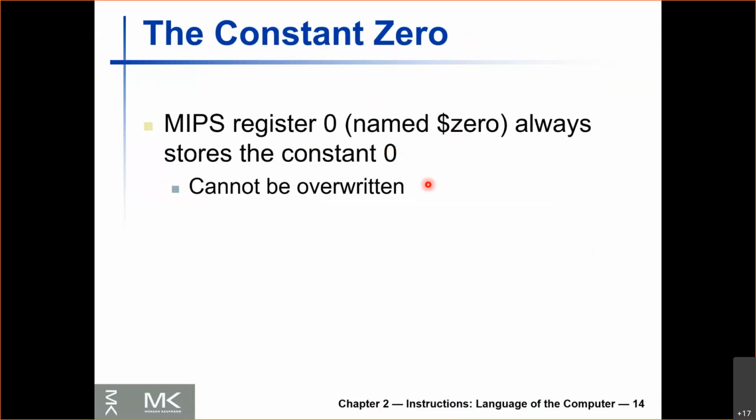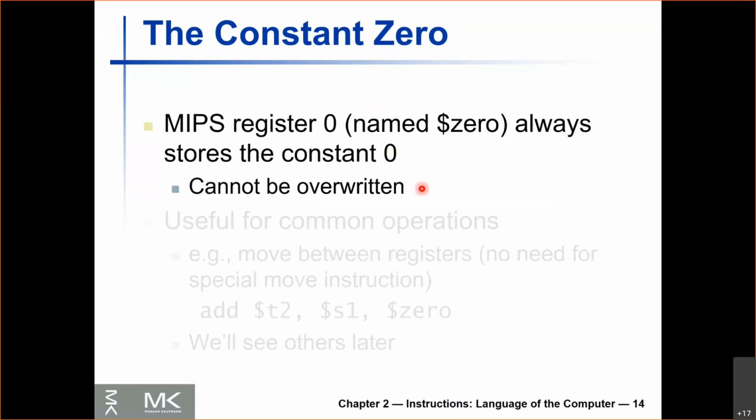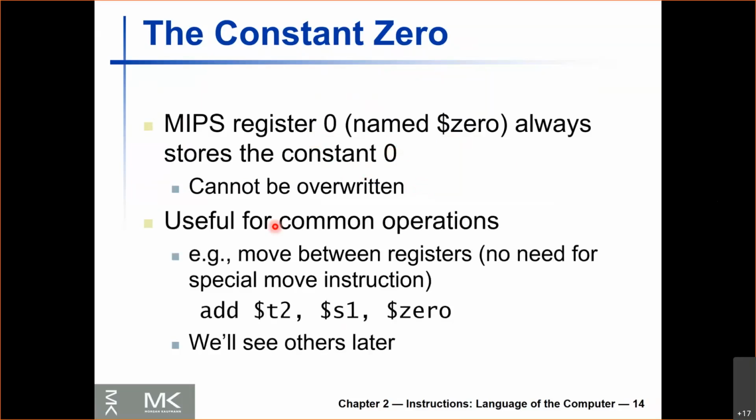Now why is it useful to have a register whose value is always 0? Well, it's useful in many different situations. One common use is, let's say we wanted to move a value from one register to another register.